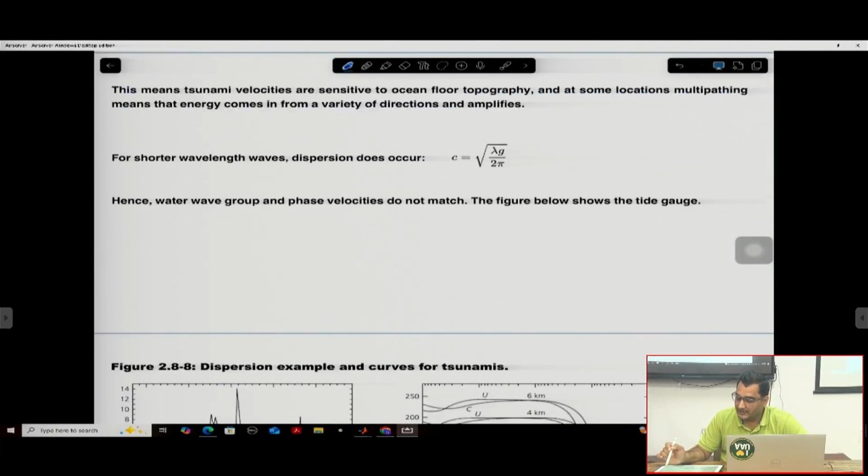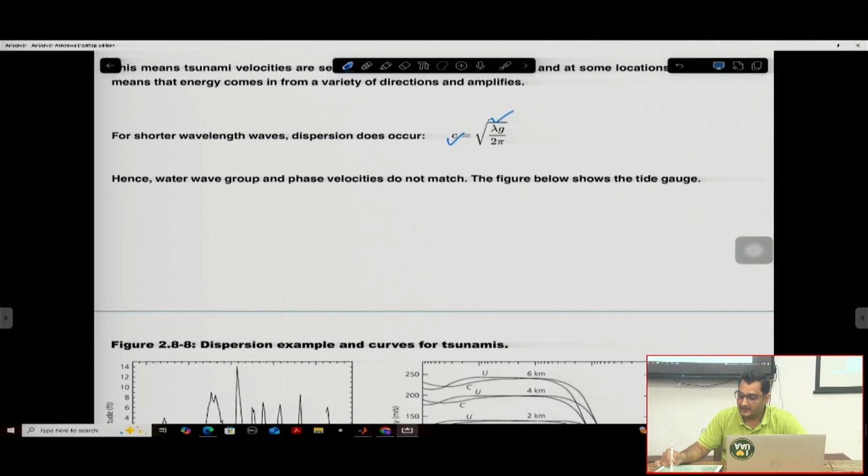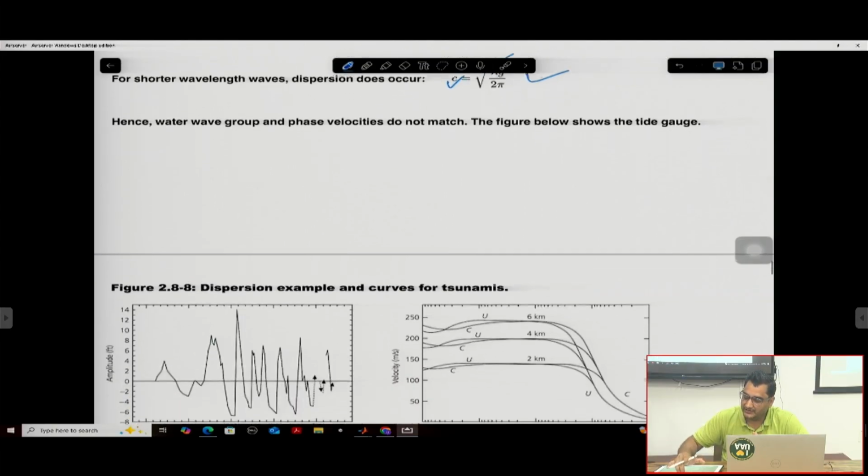In case of the shorter wavelength, the phase velocity will depend upon lambda. That means it will be a function of wavelength, and the formula will be C equals the square root of lambda g upon 2 pi. Hence the water wave group and phase velocities here do not match and basically show the dispersion phenomena.